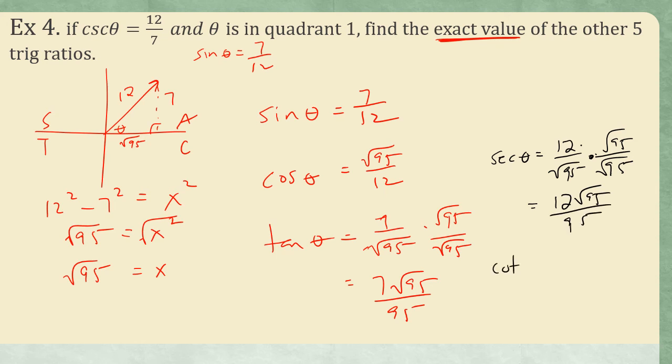And cotangent theta would be root 95 over 7. So I'm going to flip this one, so that way I don't have to deal with the radical in the denominator again. So cotangent theta, root 95 over 7. Hopefully, again, not too bad.